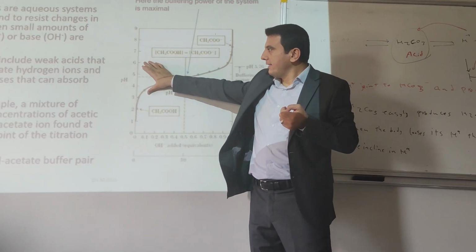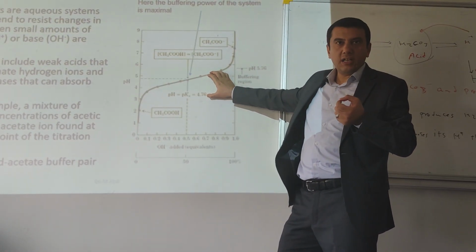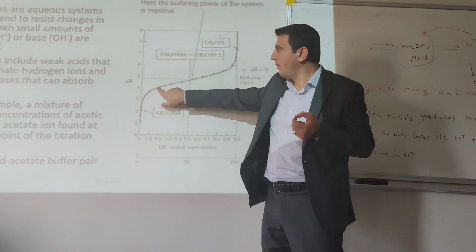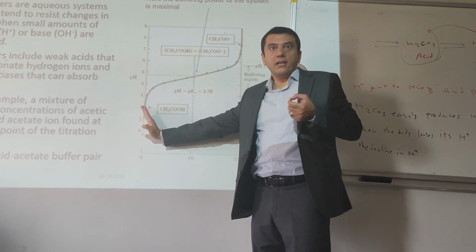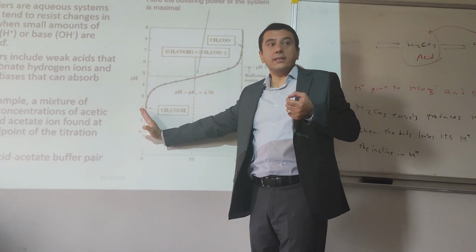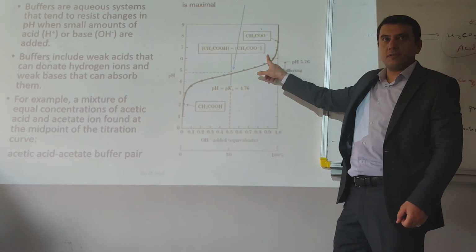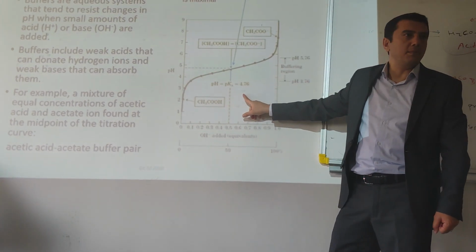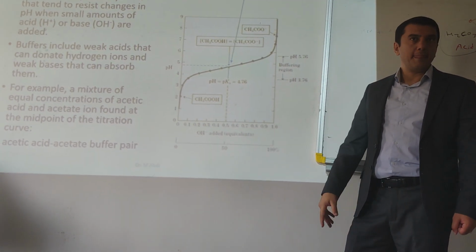You can see that the change in pH is too low, but in this step the change was very high. What happened in this range? What happened to the molecule? What happened to the solution? We add OH.